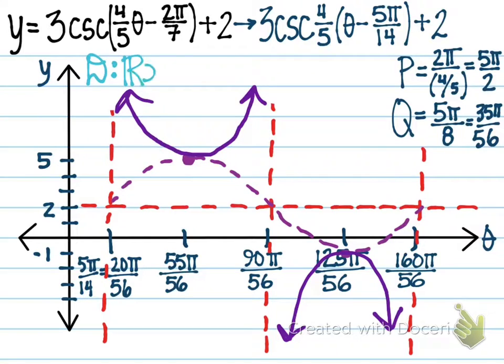All the numbers such that beta is not equal to 20 pi over 56 plus 70 pi over 56 n, where n exists in the set of integers. Yes. Okay, good. Looks great.